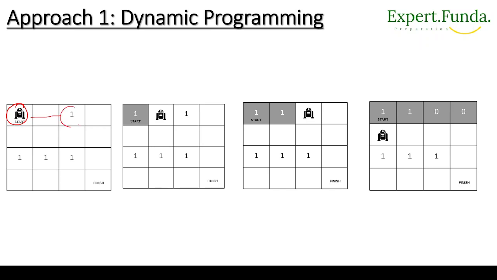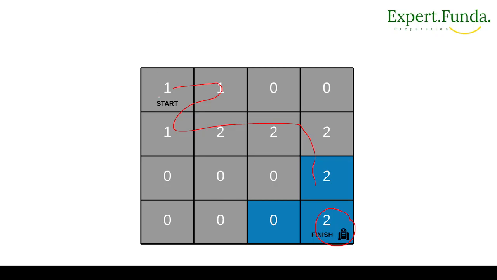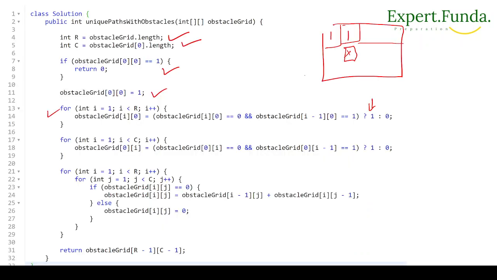If that is not the case, he is marking it as a 1, and like this he will mark. In the last, you can see here, he is calculating 2 paths, 2 paths, in the last he has 2 paths.